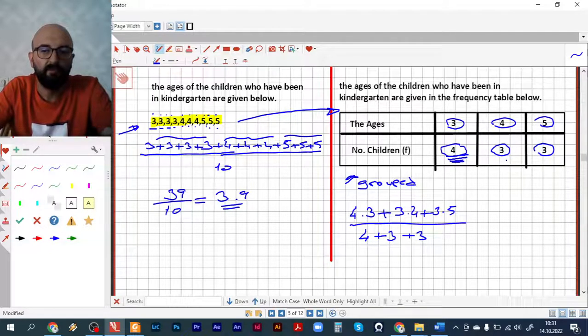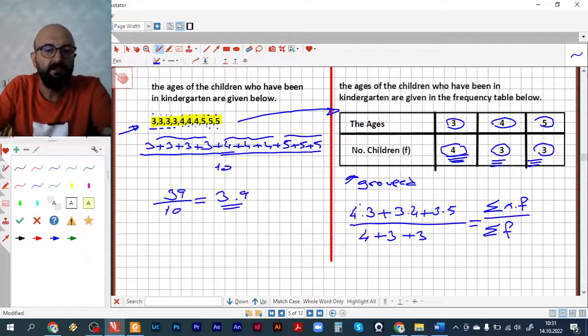We have 4, 3 and 3 children. It means sigma x multiplied by frequency over sigma frequency.